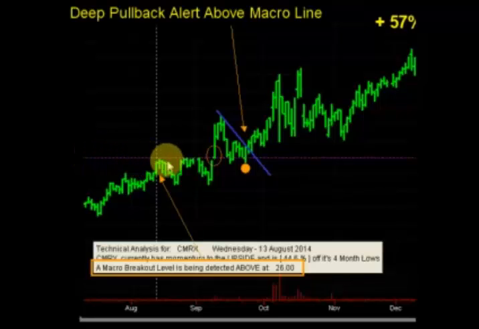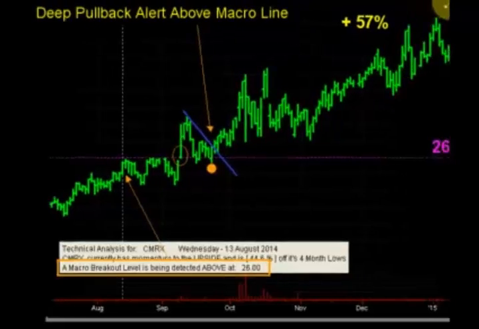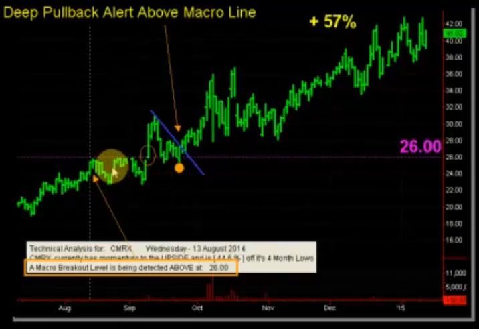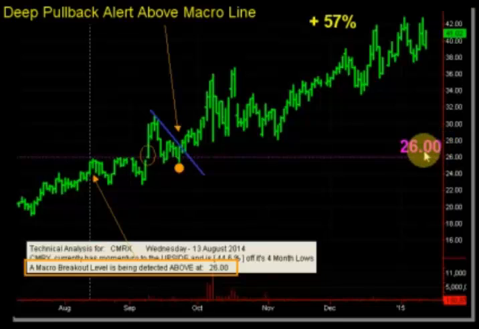All right, so you see I got a line. It's not a fat line, but there's a line there. And that was the big macro overhead resistance area. You got that detected like 3 weeks before the breakout. So there's plenty of time to plot that on your chart and keep that as a reference point.